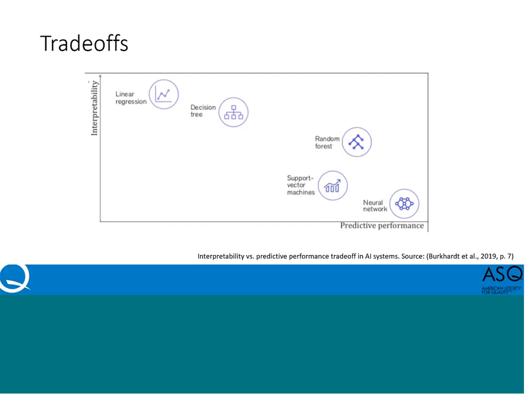But this is a trade-off where sometimes statisticians may want to live in this quadrant here because the interpretation is so important. You will sacrifice predictive performance as long as you can understand what's going on. Whereas a machine learning engineer may not care what's going on, but they just want to eke out predictive performance.